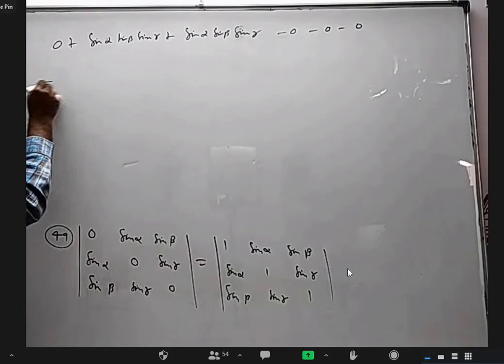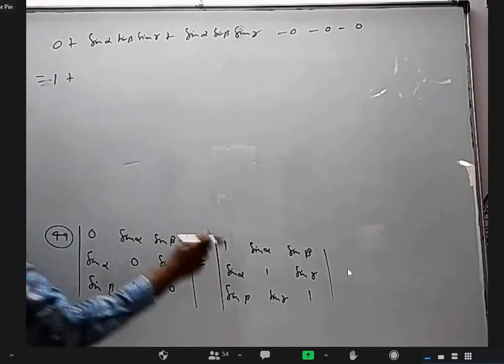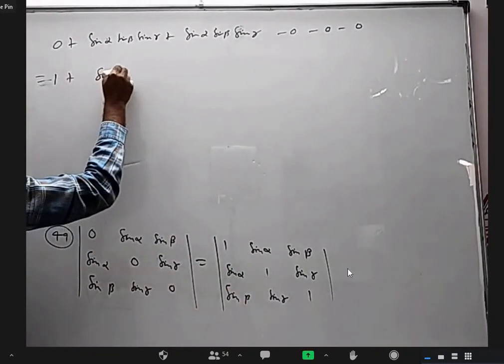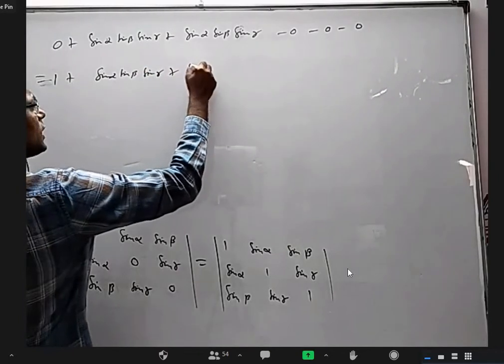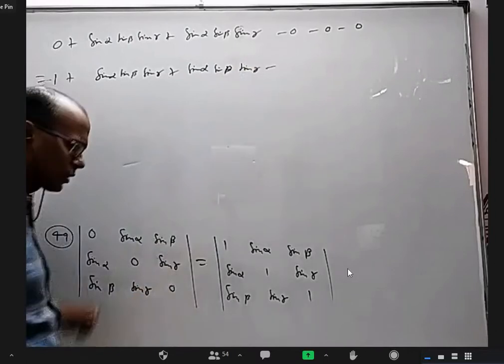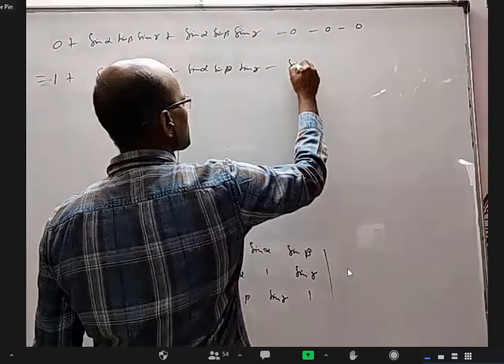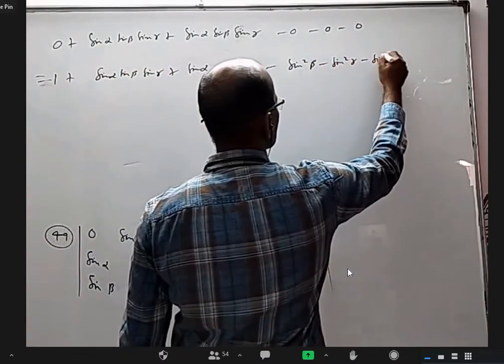Right side one, when I expand the same way, I'll get first 1, this into this into 1. This into this into this is sine alpha, sine beta, sine gamma. Again sine alpha, sine beta, sine gamma. And here, when I multiply like this, I'm going to get sine square beta, sine square gamma, sine square alpha.